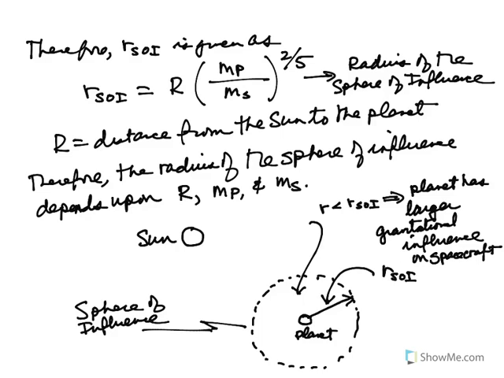So this is the result that we're going to finish this lecture with, which is the distance away from a planet when the planet has the primary gravitational pull on a spacecraft relative to the sun, and once we get outside of that distance, then the sun has the greater gravitational pull. Now, to close this lecture out, this is going to lead to the next lecture, which is how we use the sphere of influence to construct what's called a patched conic approximation.